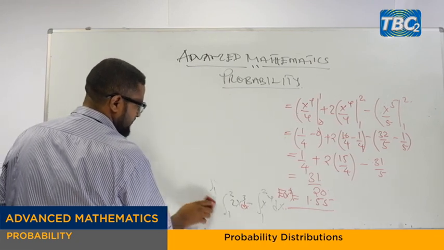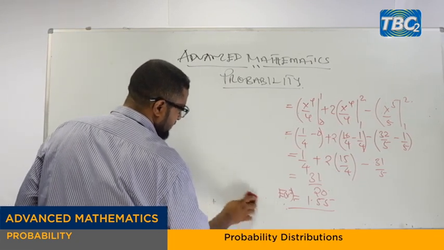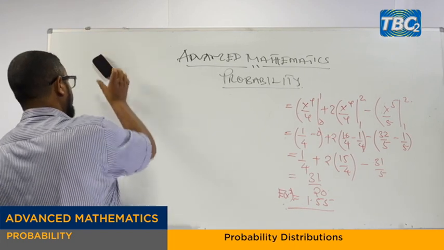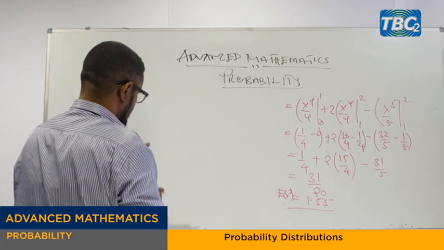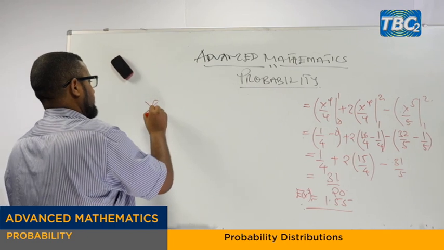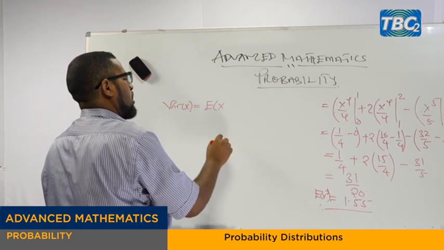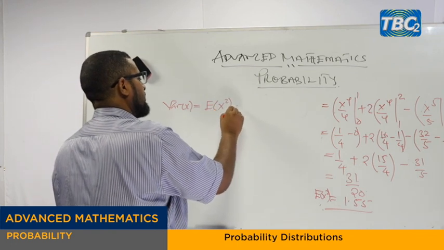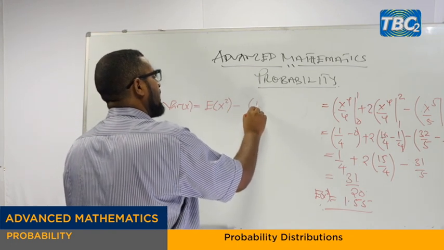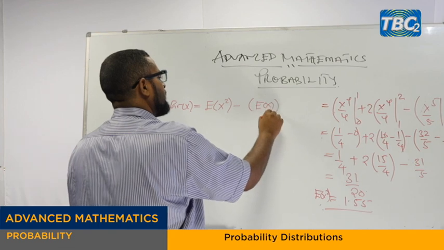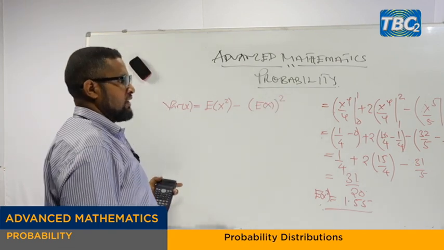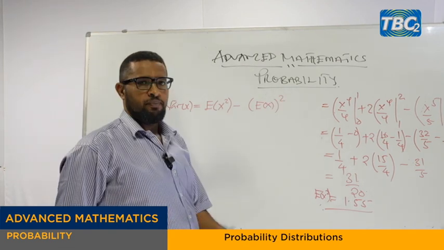As you remember, the variance of variable x is given by the expectation of the variable when it is squared minus the square of the expectation of the variable x, in which we have all of them.